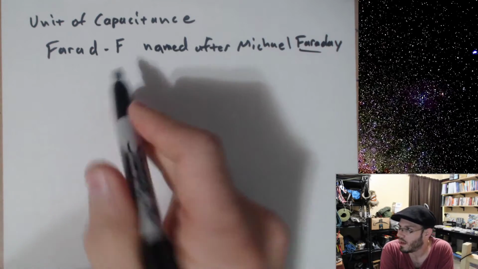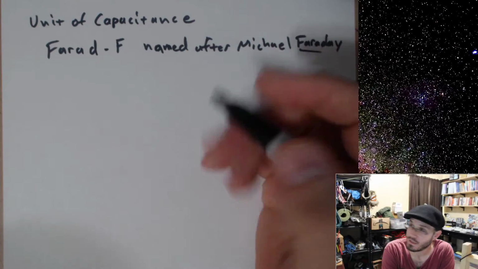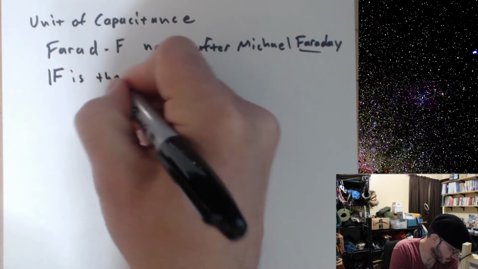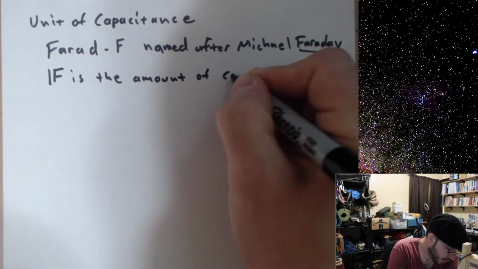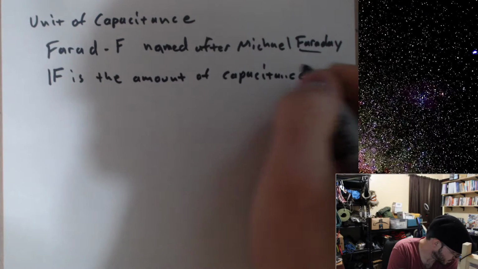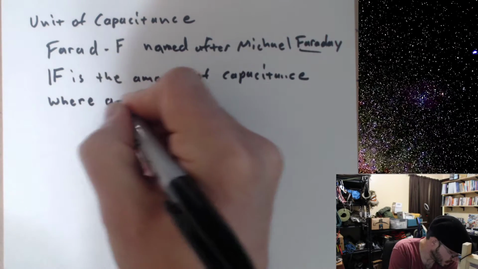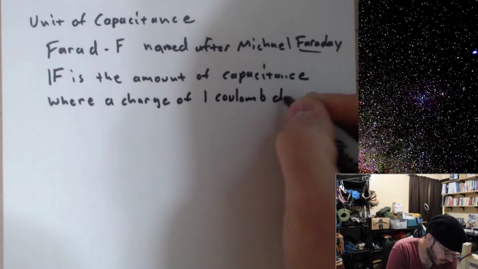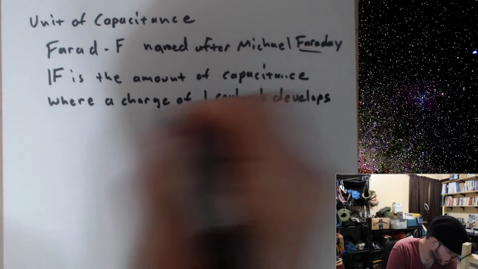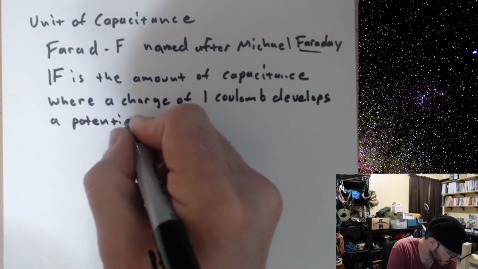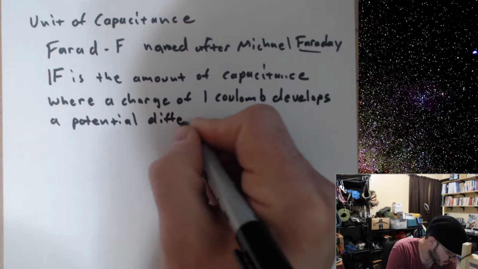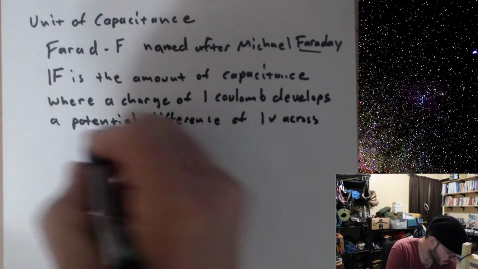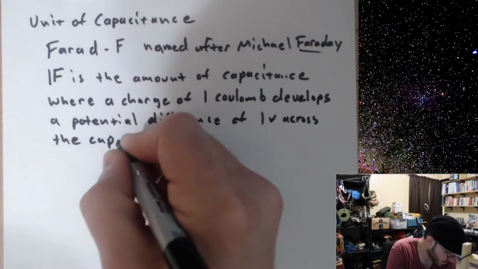Now, in order to describe what a farad is, there's a pretty useful sentence to do this. 1 farad is the amount of capacitance where a charge of 1 coulomb develops a potential difference of 1 volt across the cap.